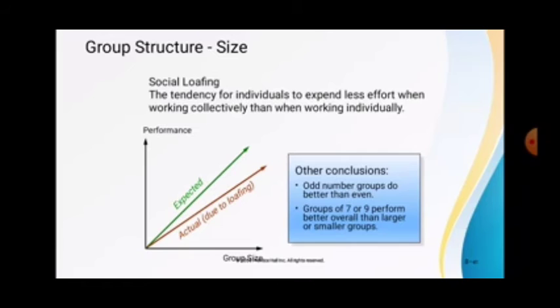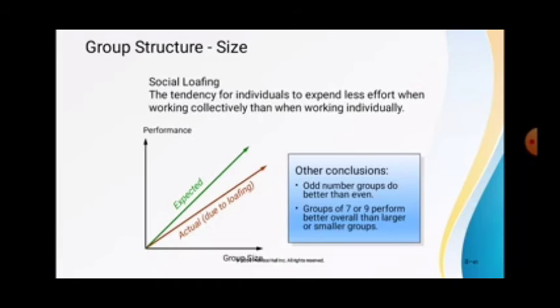A side note about size: groups with odd numbers of people tend to operate better than those with an even number, as you can see in the presentation, as it eliminates the issue of ties when votes are taken.